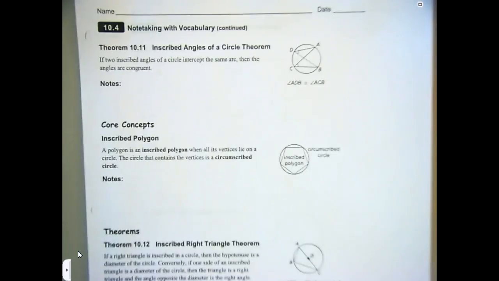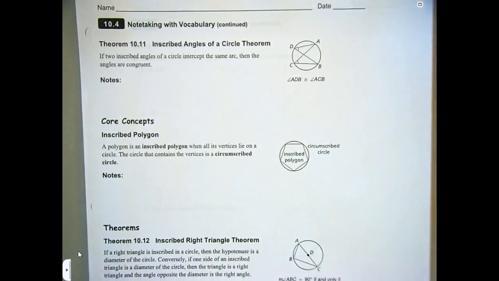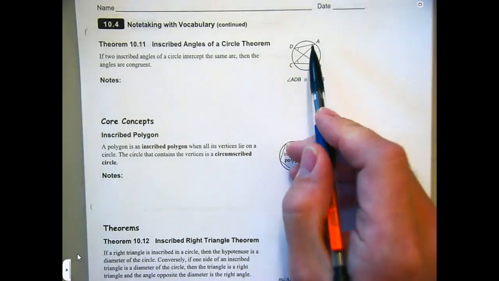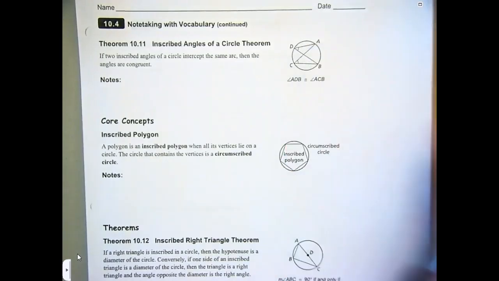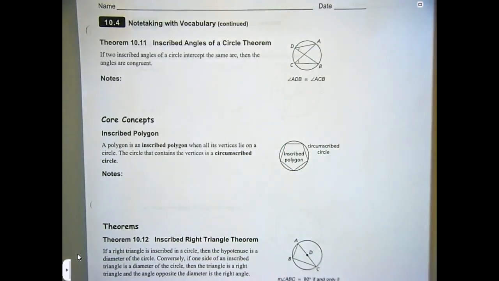We'll come back to that formula in a minute, but when you look at the next page, there are a few other theorems and core concepts. So I want you to go ahead and read through those quick. Now, I think they all make sense if we think through them.